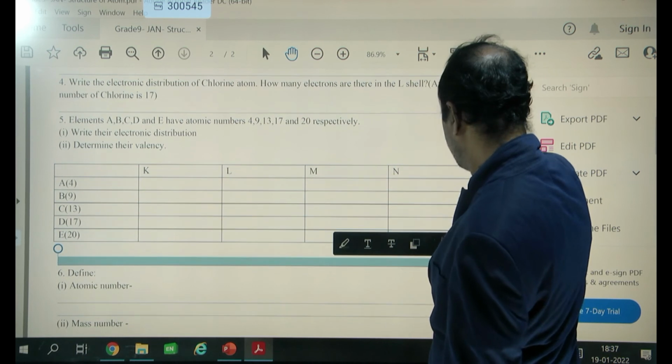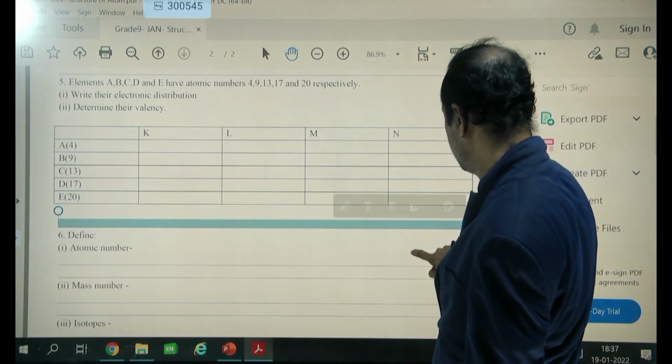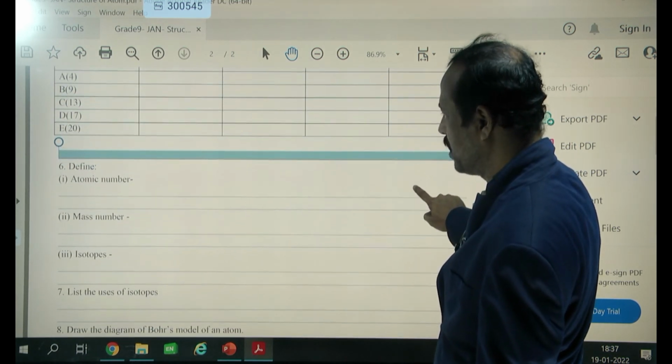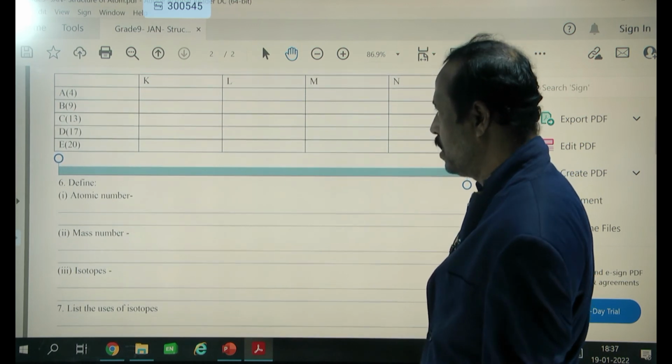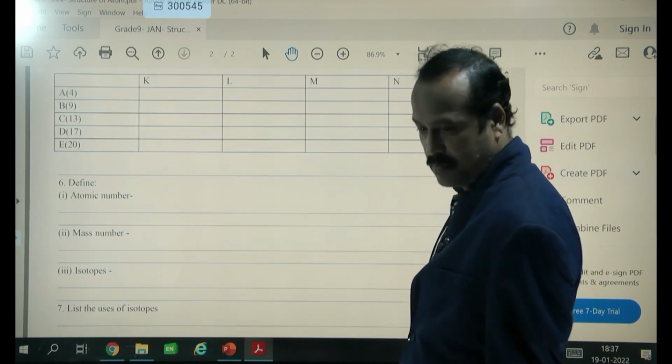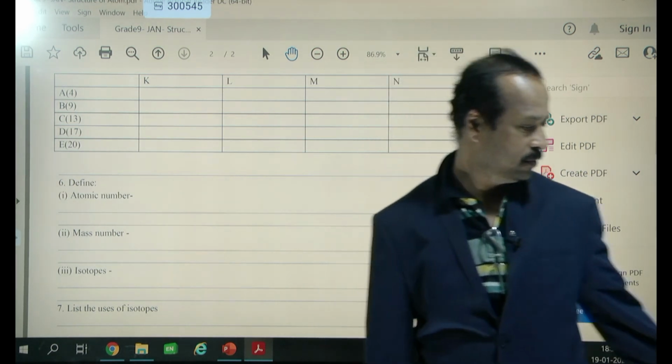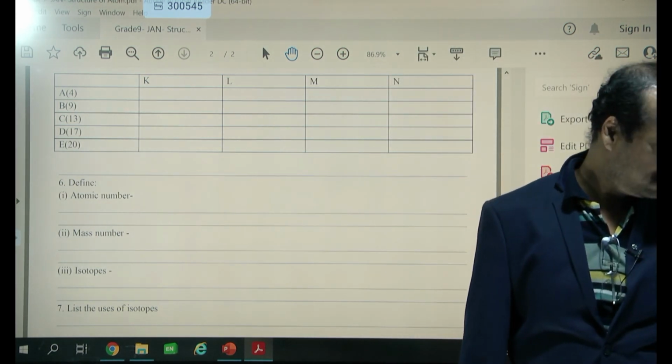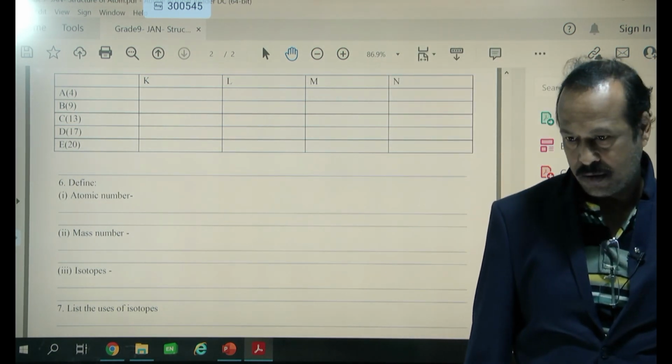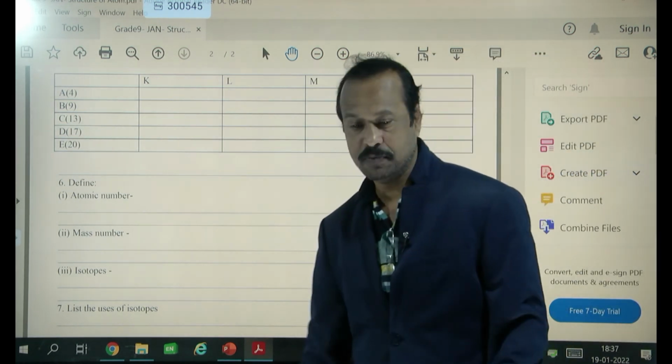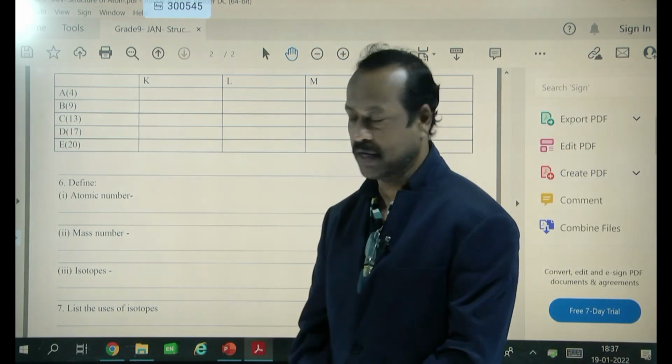Right. Now come to the next two questions. Here some definitions are there. Define atomic number. How can you define the atomic number? The number of protons present in the nucleus of an atom is called the atomic number.